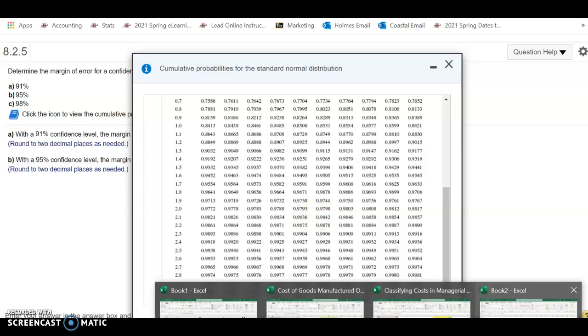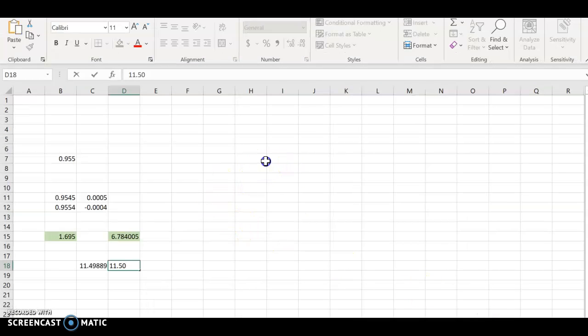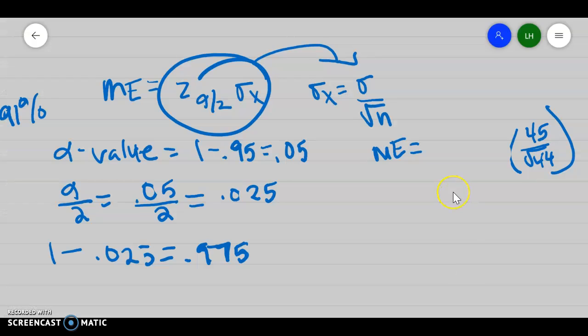Let's say halfway in between there, approximately. If we take the average, 2.04 plus 2.05, and divide it by 2, we get 2.045. So let's use that.